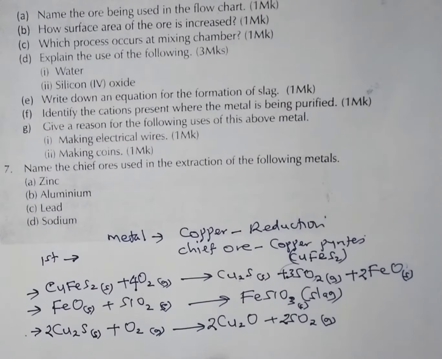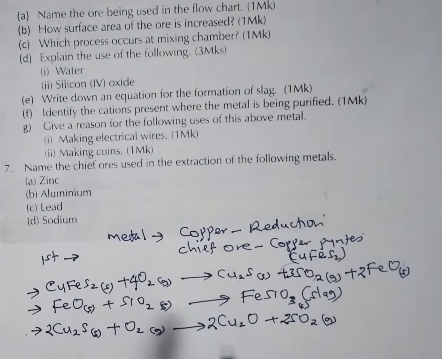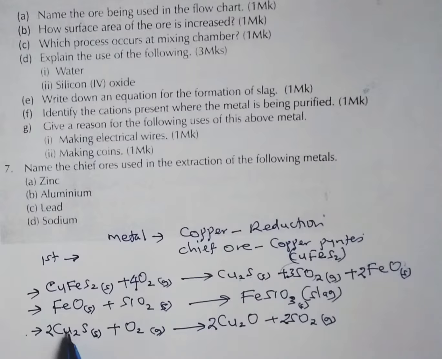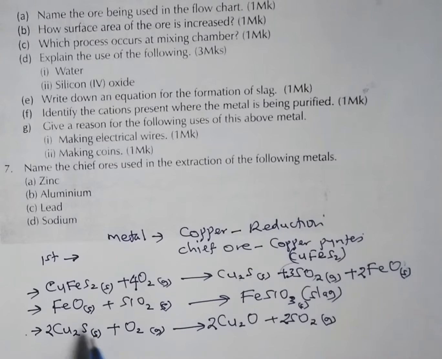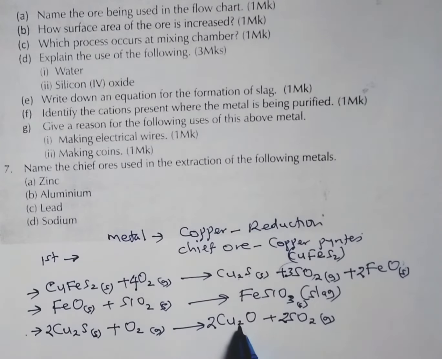copper 1 sulfide. Remember, when we are roasting copper 1 sulfide in controlled amount of air, not all of it is converted into copper 1 oxide.